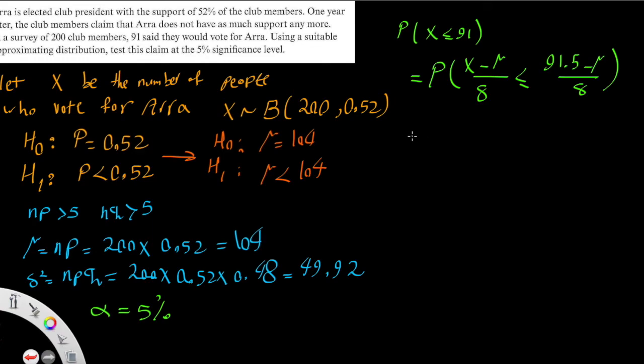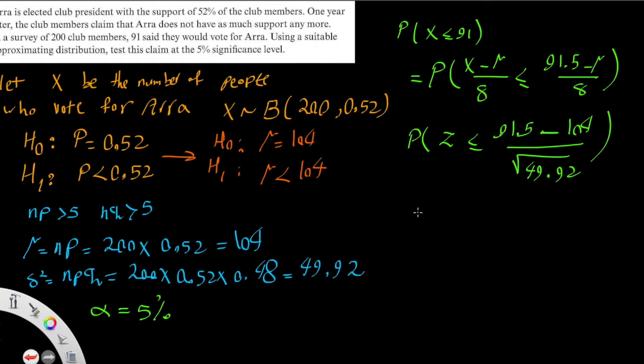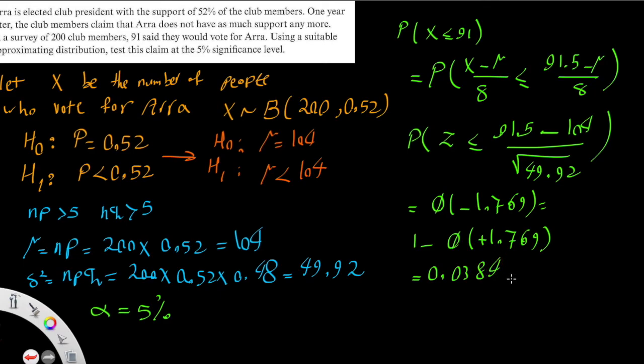So it will be probability of z less or equal to 91.5 minus mu, which is 104, divided by radical 49.92, which is equal to phi of negative 1.769, which, phi of a negative number is 1 minus phi of the corresponding positive number, 1.769, which is equal to 0.0384 or 3.84%.